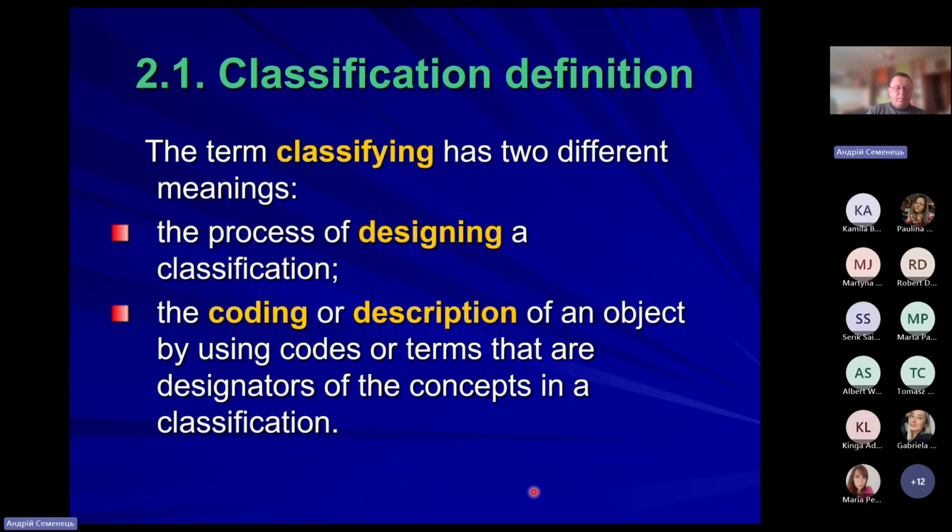In fact, in the first part of the lecture, I actually mentioned the second meaning; I had already spoken about application of a coding classification system. So right now, I'm going to make a step back, and we will talk about the first question, design of a classification system.